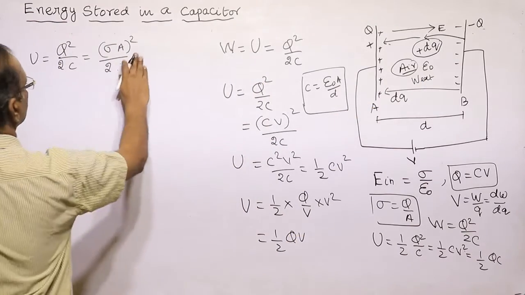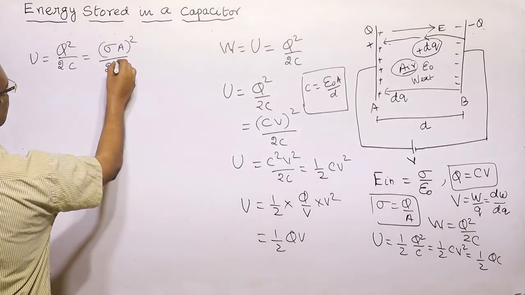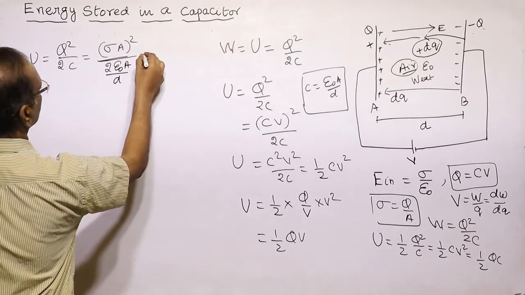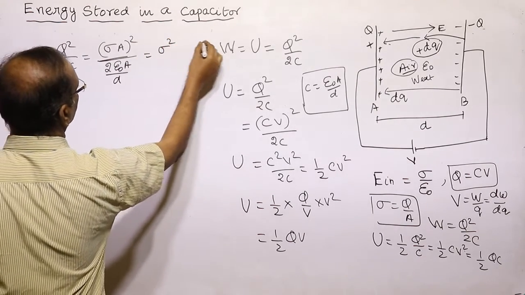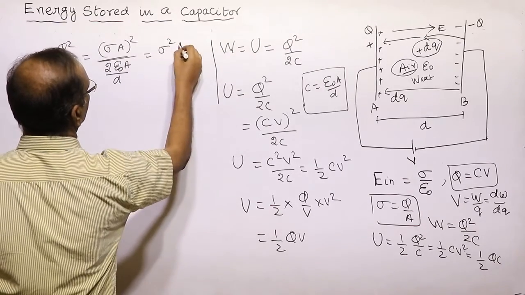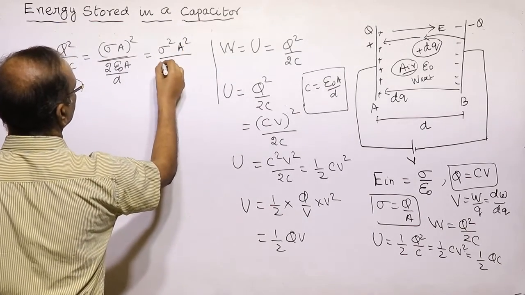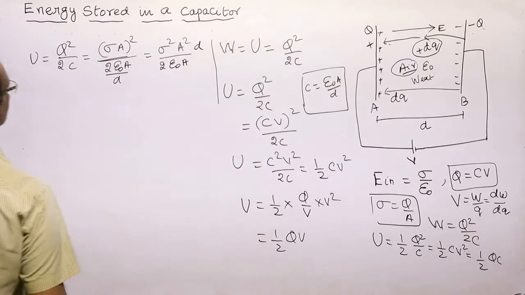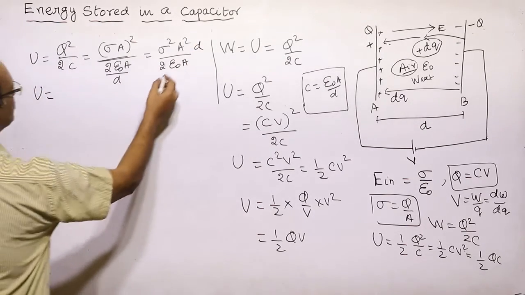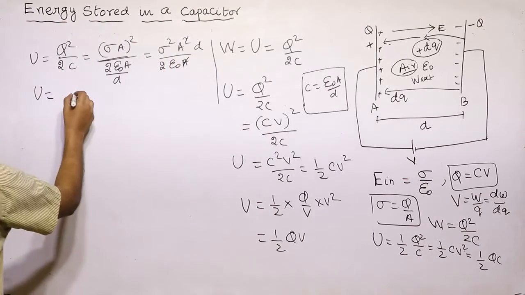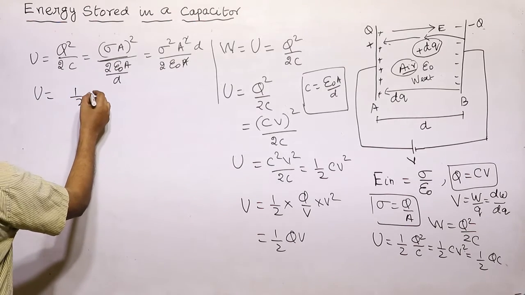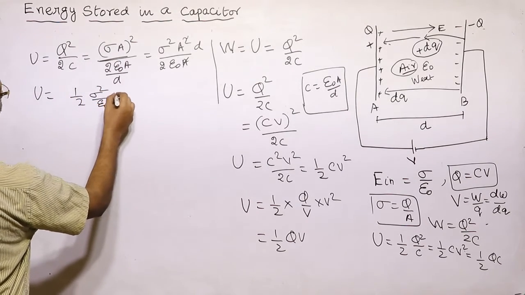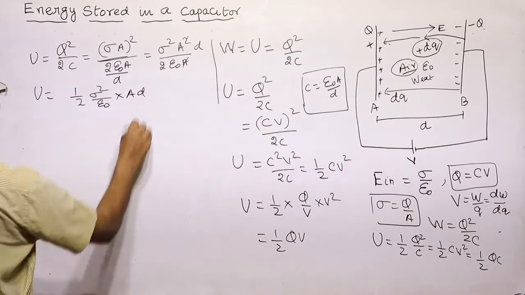So in place of C, we can write epsilon naught A by D. So this becomes sigma square A square divided by 2 epsilon naught A by D. So U is equal to half into sigma square divided by epsilon naught into A into D, where A and D get cancelled partly.